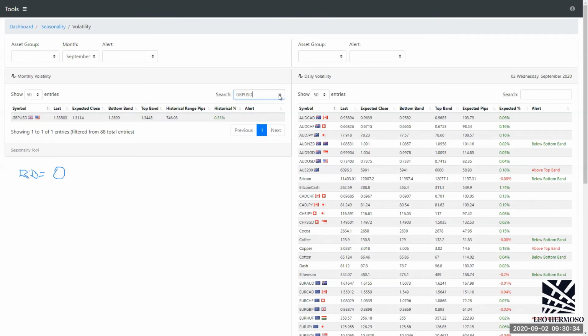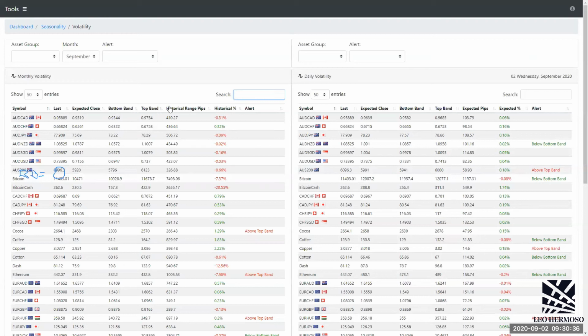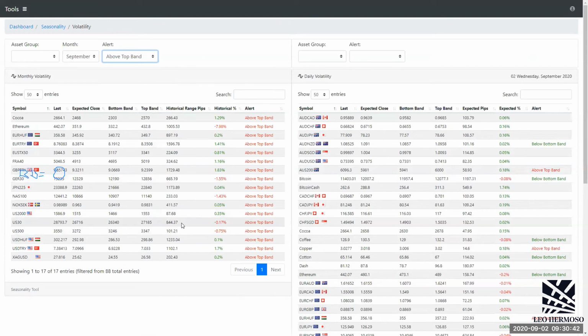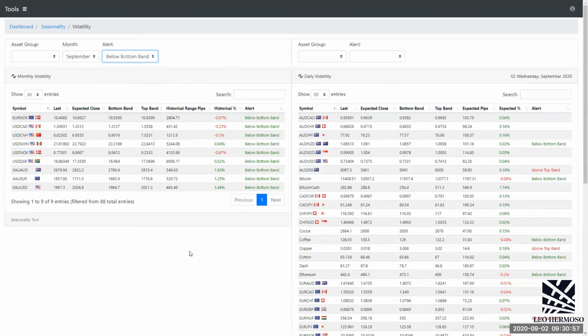And if you want to know what is already above the band or below the band, you just come here and do this. So if you like to trade return to the average and trade against the trend, you have some opportunities right here, at one click of the mouse.